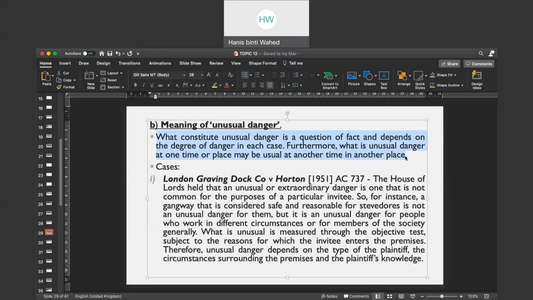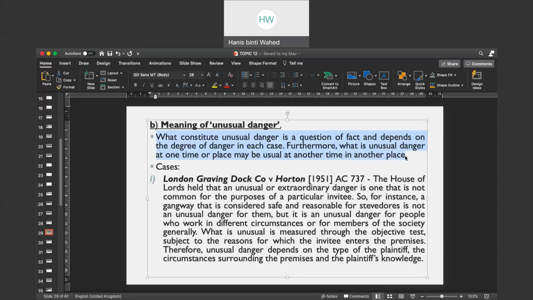Furthermore, what is unusual danger at one time or place may be usual at another time in another place. The court will decide whether the danger is unusual by looking at the facts and circumstances of the case. The word unusual itself means something that will not usually happen.